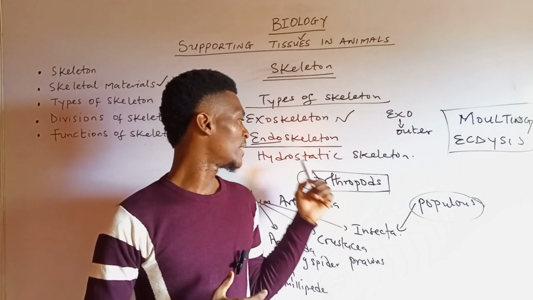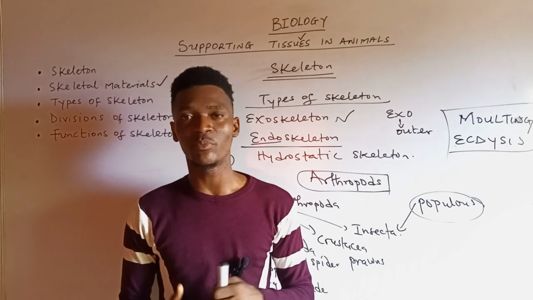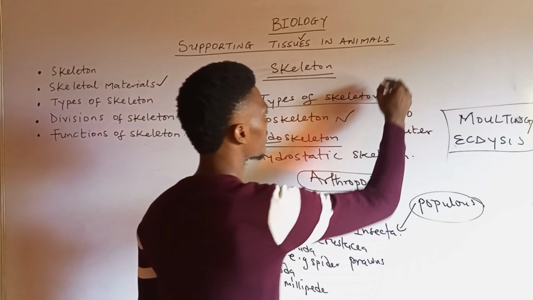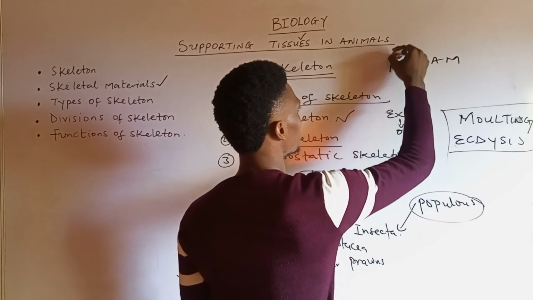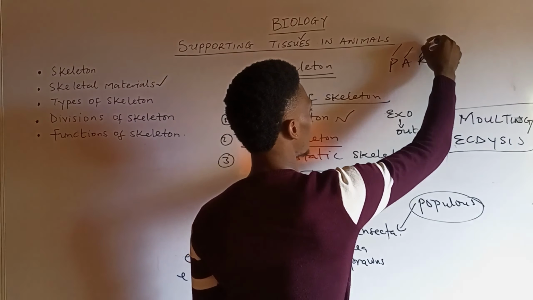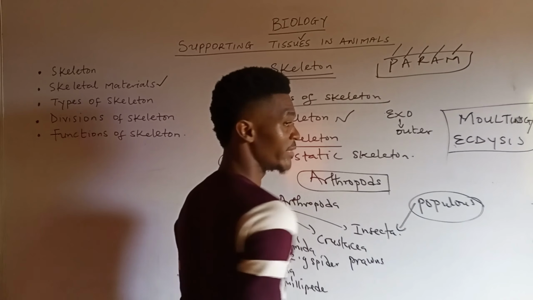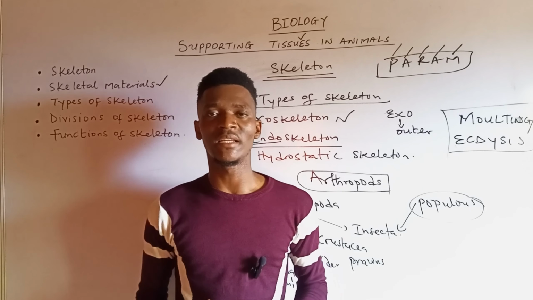Organisms that possess endoskeleton are usually the vertebrates. Remember that the evolutionary advancement of vertebrates follows this code PARAM, which is Pisces, amphibians, reptiles, aves, and mammals. All these are considered to be vertebrates, and vertebrates are known to possess endoskeleton.